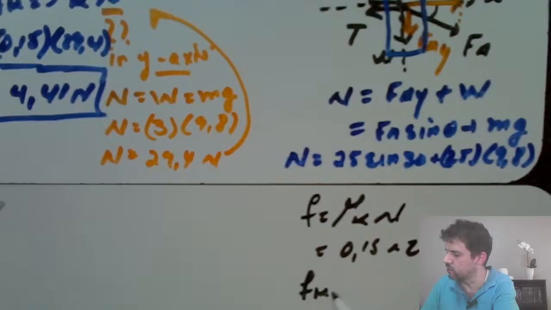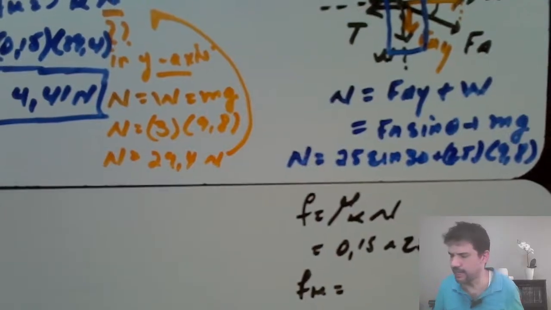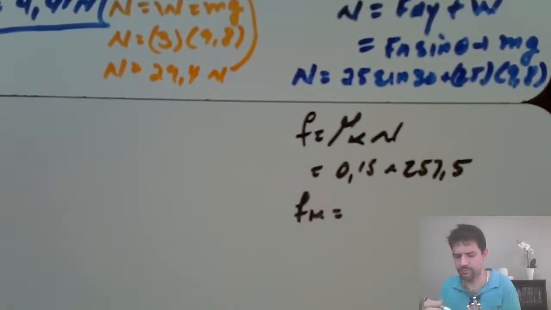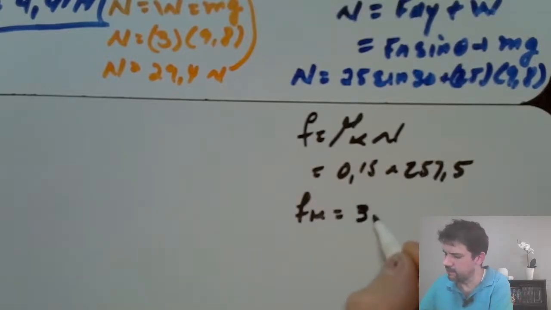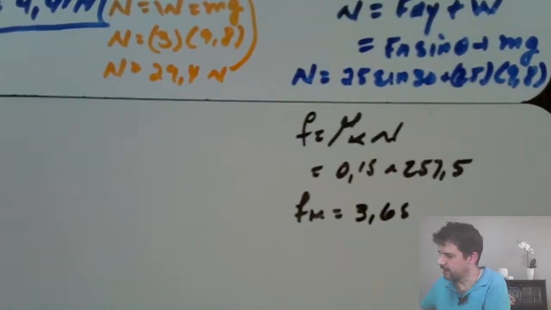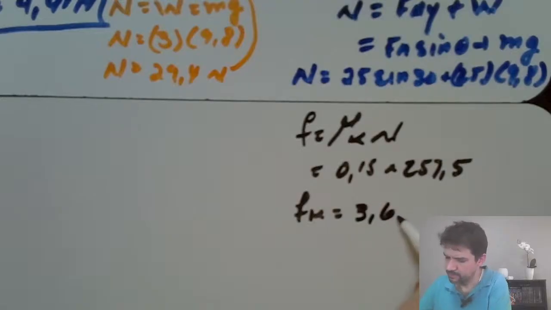The kinetic frictional force for the first block is 0.15 times 257.5. Making sure I don't make a mistake with the numbers, it is 38.625. That is the calculation of kinetic frictional force. Yeah, I'm writing wrong numbers here.